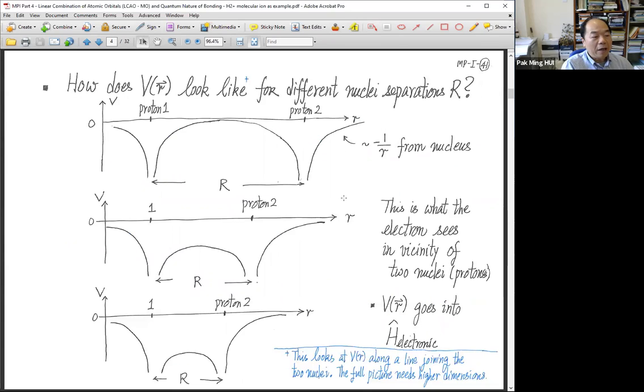So here, I try to draw some picture for you. Now it is a 4-dimensional picture because V of r is already 3-dimensional, okay? So here, I just think about the following thing. I have a nucleus here, I have a nucleus there, okay? Now, this is a proton.